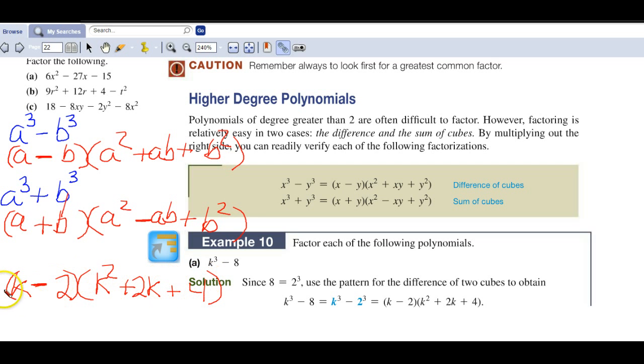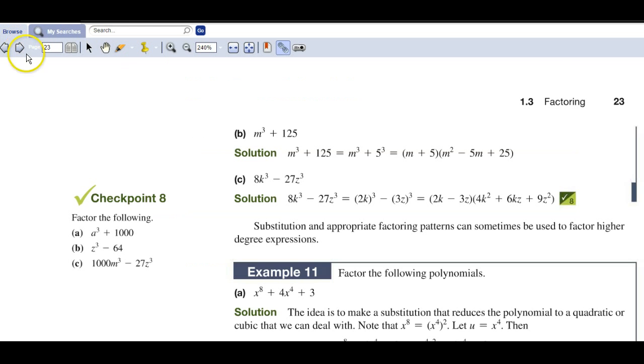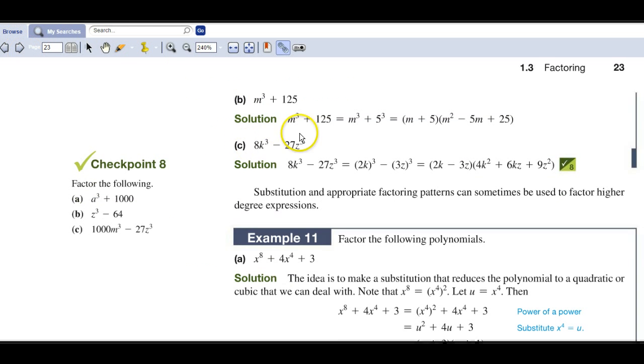Now again, we're saying to multiply, but since the sign has already been determined, we ignore that. And you'll get practice on these. And these are worked out so that you can try them out for yourself.